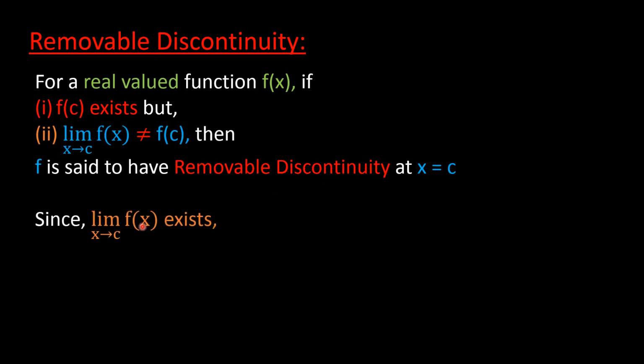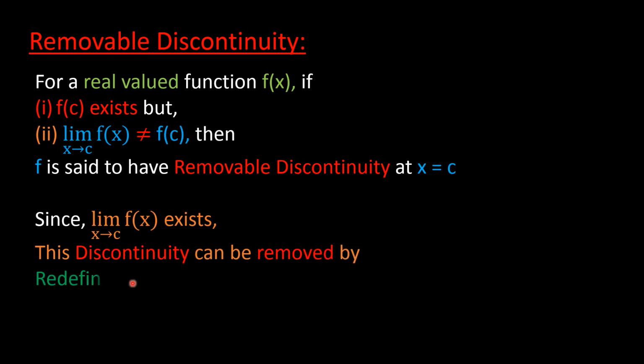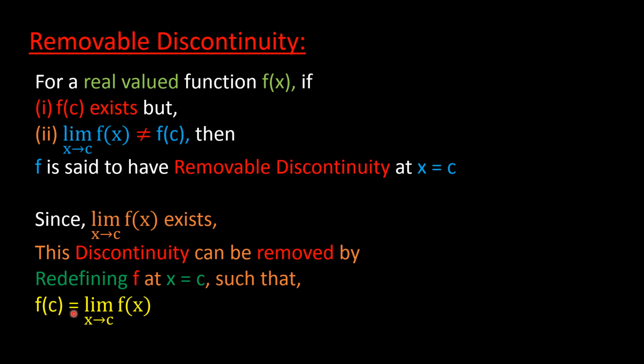Since the limit of f(x) as x approaches c exists, this discontinuity can be removed by redefining f at x equals c such that f(c) equals the limit of f(x) as x approaches c.